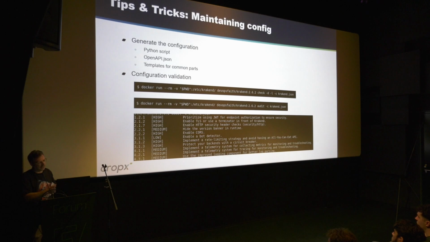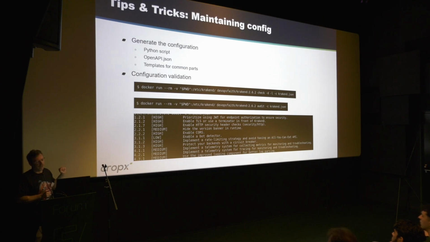And then there's of course the templating. If you have common things that you want to configure, you can put them in a template. Another very useful thing, which you can use in continuous integration, is the check command from KrakenD, which will check your configuration, because there's a JSON specification of how it should look.